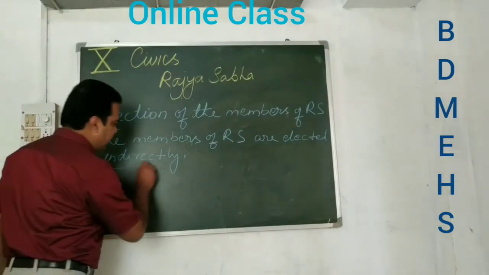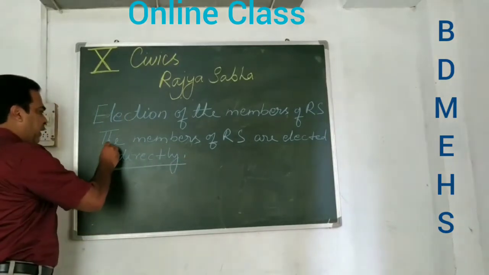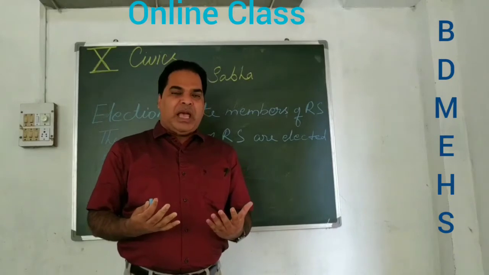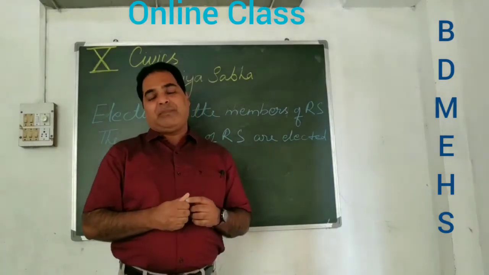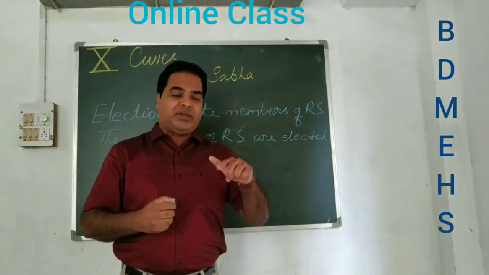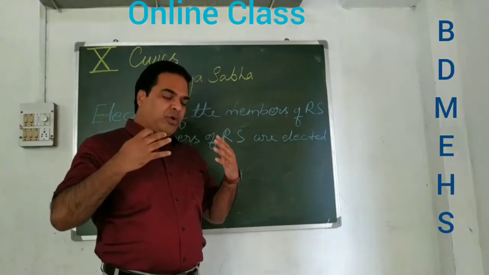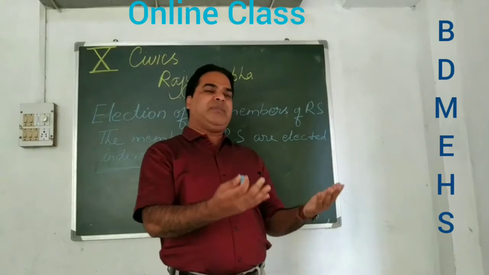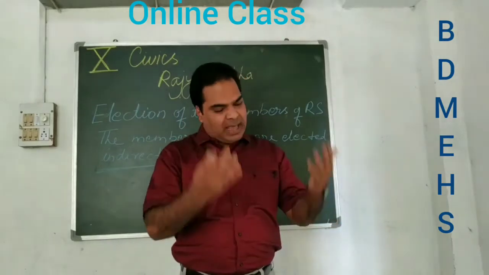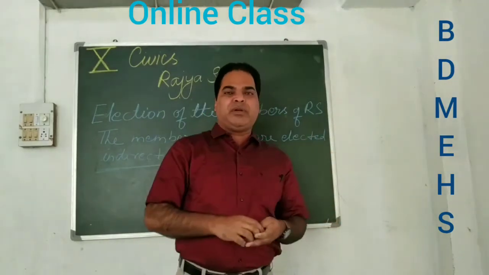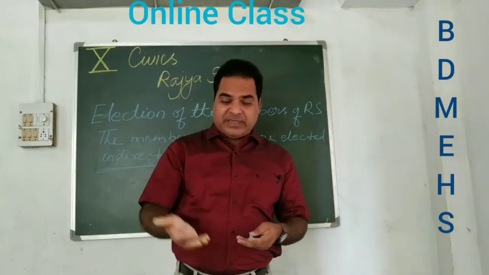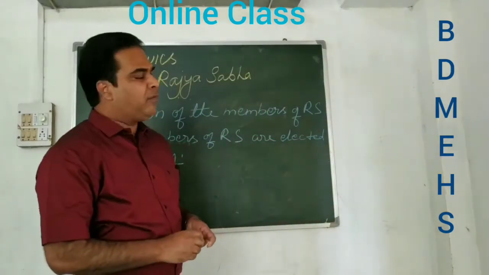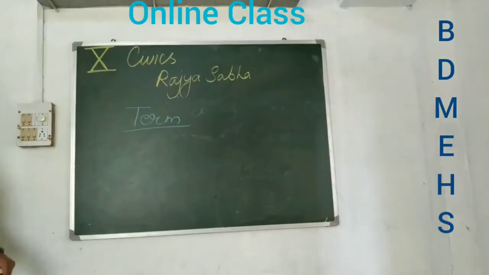They are elected indirectly because, suppose I am the voter, I am not directly involved in the election of the member of Rajya Sabha. I have elected the member of legislative assembly, and those members of the legislative assembly elect the member of Rajya Sabha.